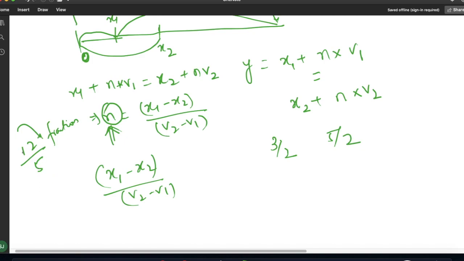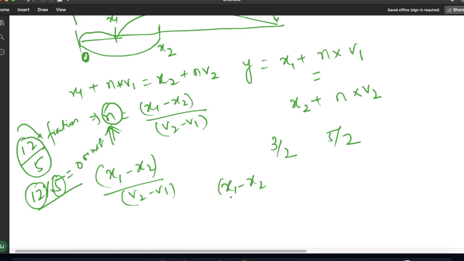To check whether this is an integer or not, we will simply check whether 12 modular 5 equals 0 or not. If it is 0, it means it is getting divided by 5. So same scenario we will use here. We'll simply use if x1 minus x2 modular v2 minus v1 is possible, then we'll get an integer value, meaning we are getting 0.